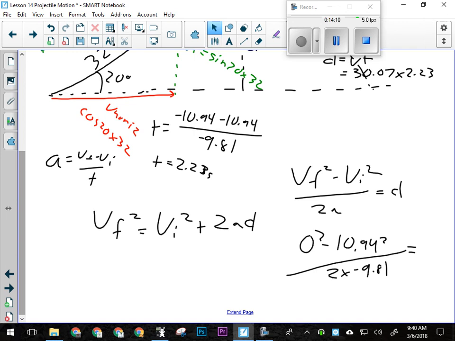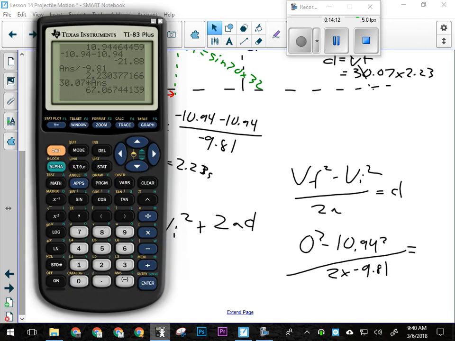That'll give us our maximum height or our vertical displacement at that point in the flight. So we'll have that divided by 19.62. 19.62 is 2 times 9.81. I'm just shortcutting here.